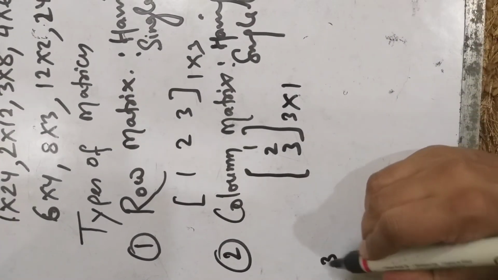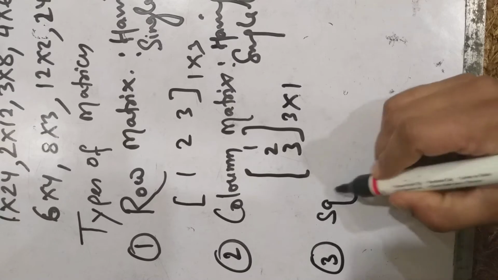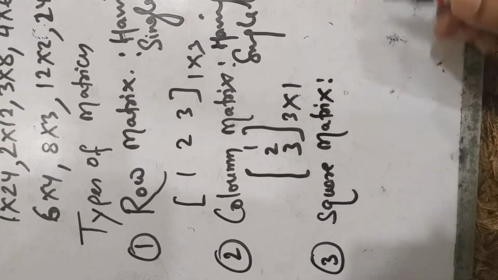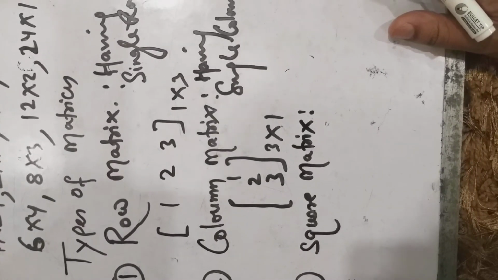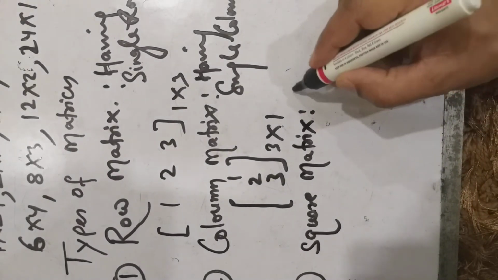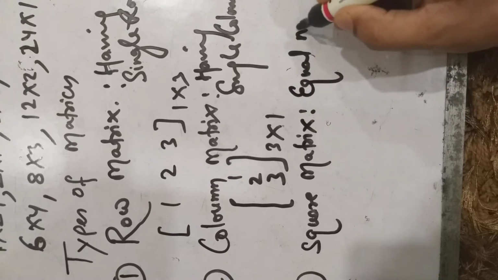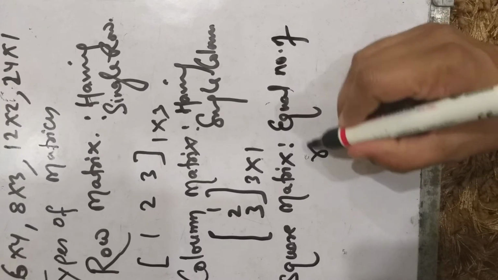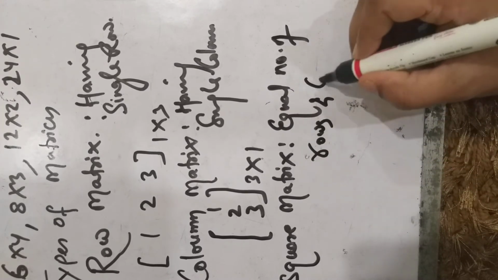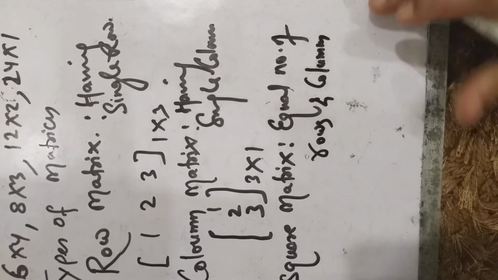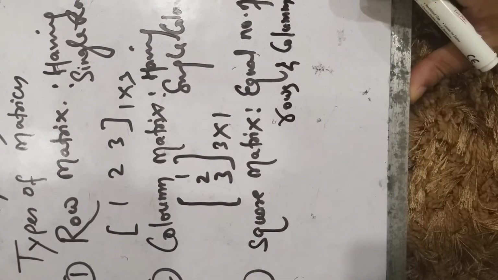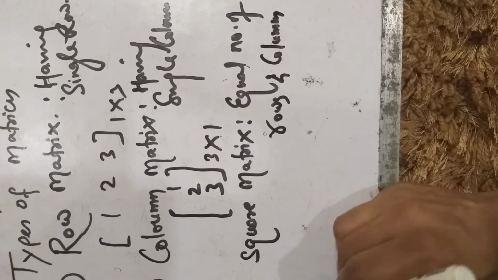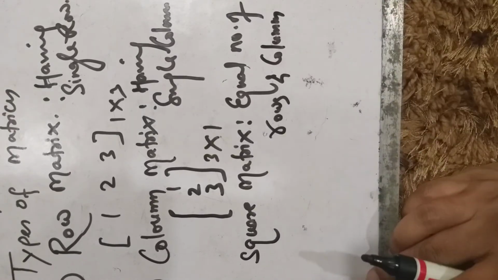Then we have the square matrix. A square matrix is a matrix which has an equal number of rows and columns.